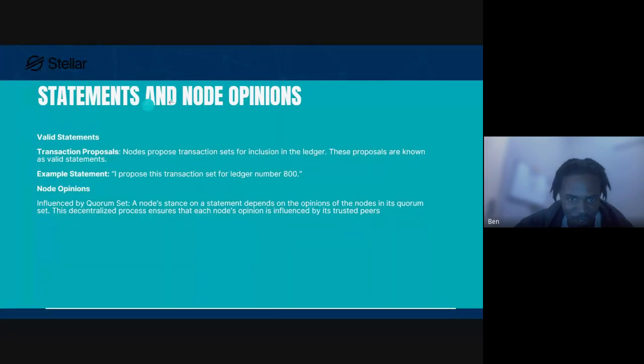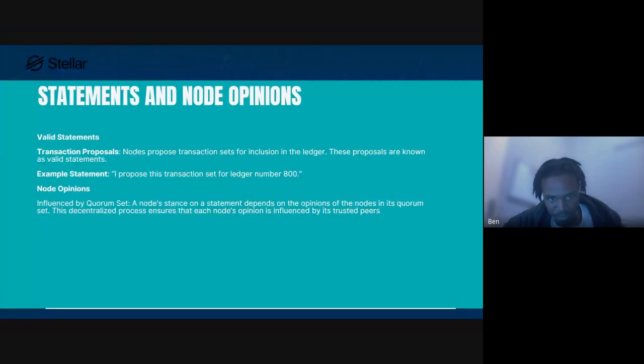Statement and node opinions. Okay, this is important. Valid statement, transaction proposal. Nodes propose transaction sets for inclusion in the ledger. These proposals are known as valid statements.